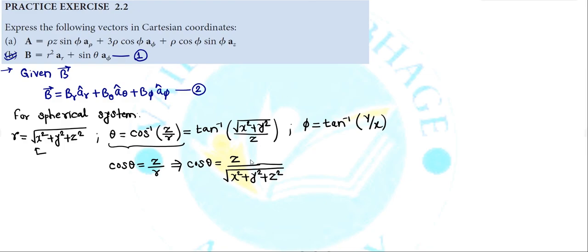Next, we are going to find the value of sine theta. For that we make use of this equation. Again, theta is tan inverse of square root of x square plus y square upon z. So tan theta is square root of x square plus y square upon z, which is sine theta upon cos theta.